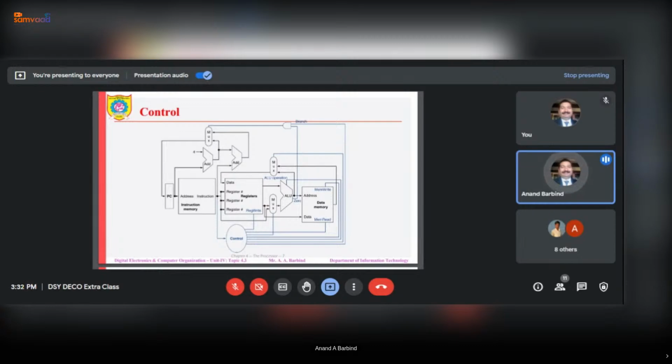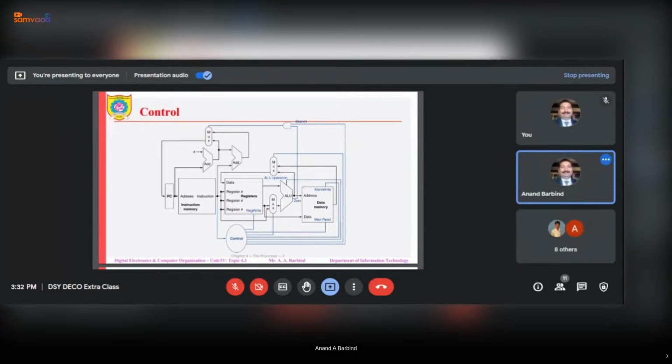We shall study what pipelining is and how this architecture is converted to a pipeline architecture. But before that, you should understand the different blocks available in the MIPS processor, and then we shall be able to study the pipeline architecture.